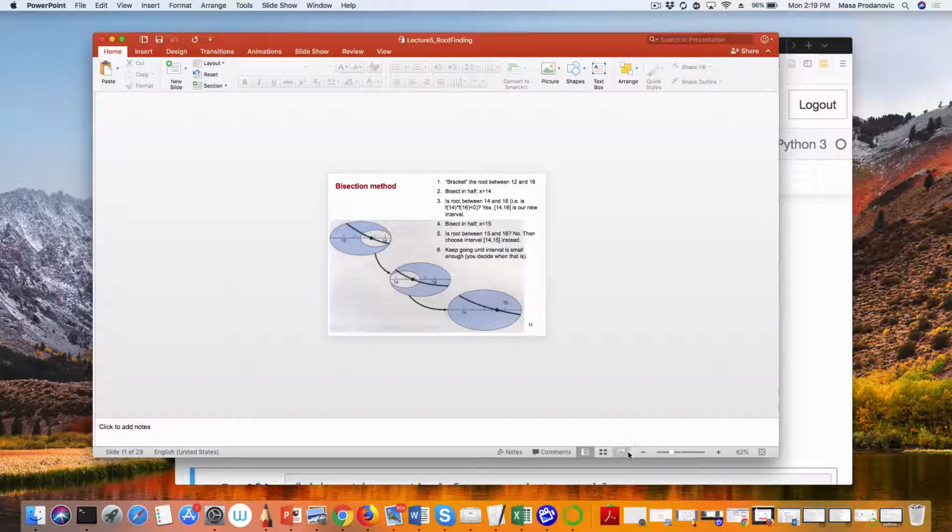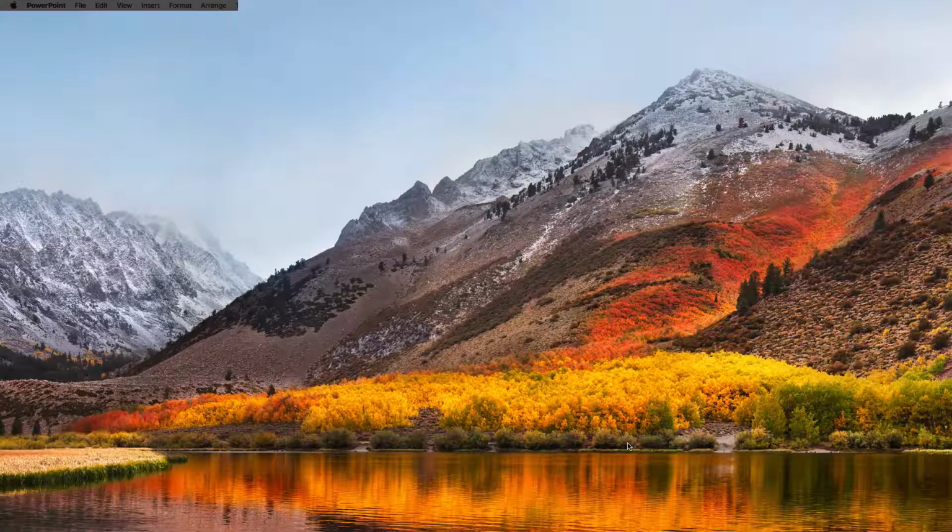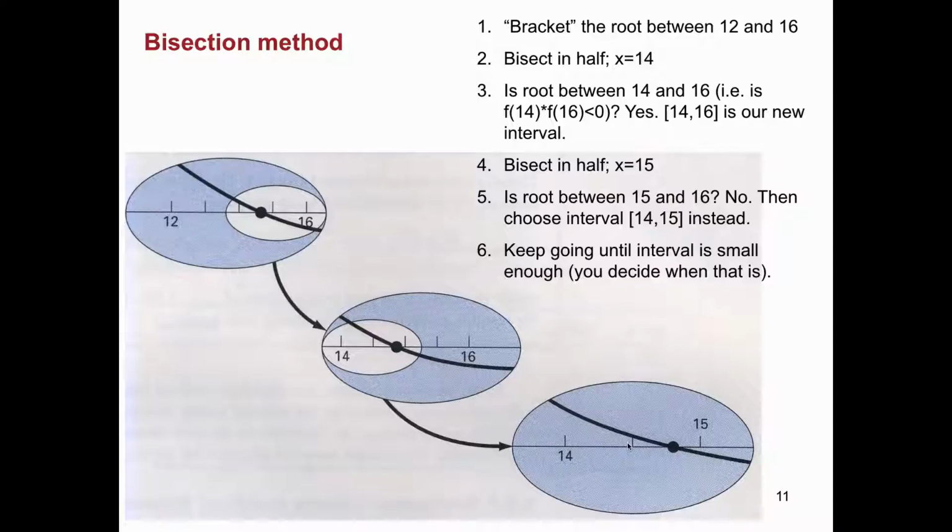Okay? But the problem is that functions don't always come in this nice form. So we actually have to keep going. And I'm going to present a number of different methods, because not all of them always work. And you will, through your homework, see that it's not always the case that they work. So we have to have a number of methods at our disposal. The problem with this particular method is that it works when you have the bracket. But you have to go and search for the bracket.